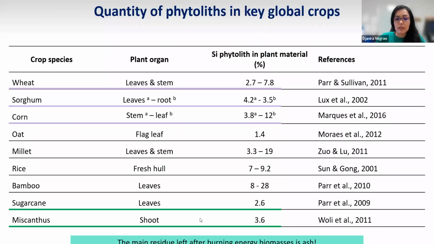So as I said, they are used for energy. Mostly they are burned to produce energy, at least in Brazil. And the main residue left after burning this type of biomass is ash.